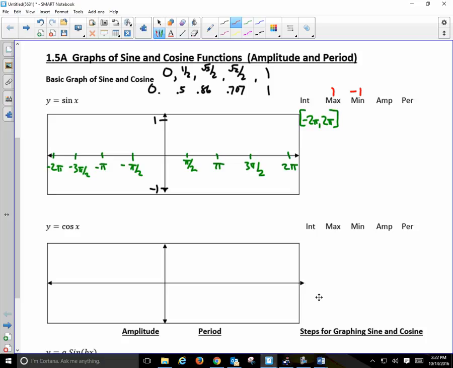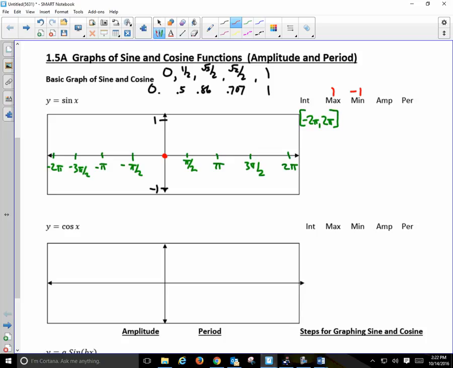If you reference my circle, at 0 degrees, sine is the y value. What's the sine of 0 degrees or 0 radians? It is 0. If you move over to pi over 2, what's the sine of pi over 2?